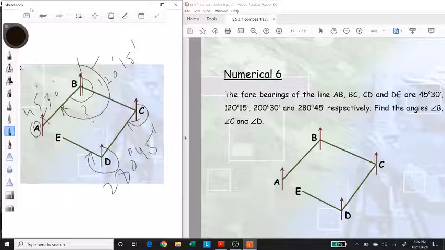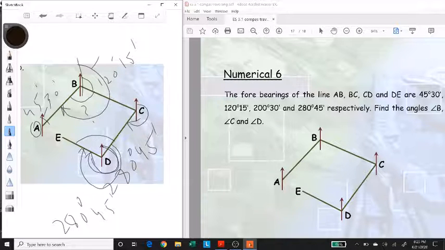Now, in order to find out the interior angle D, which is this one, by geometry, I can see that if I can somehow subtract this angle from the complete 360, I'll get the interior angle D. Now, in order to get that angle, what I already have is the fore bearing of the line DE, which is 280°45'. From 280°45', I need to subtract this smaller angle, which is basically the back bearing of the line CD.